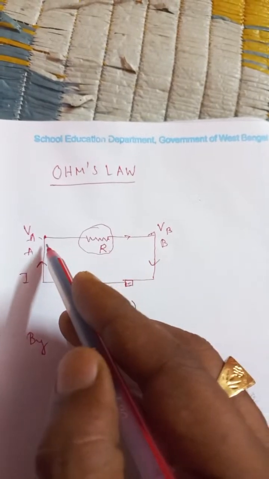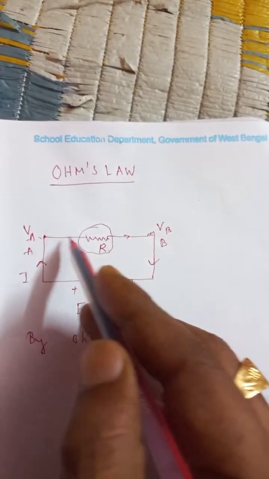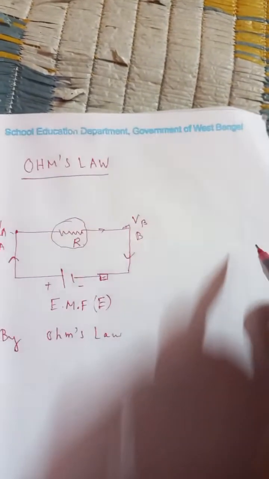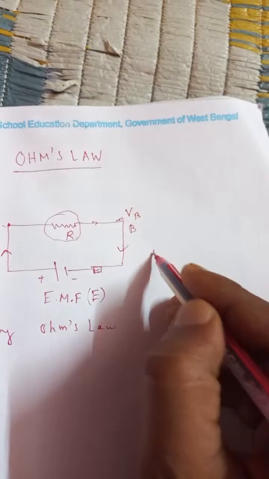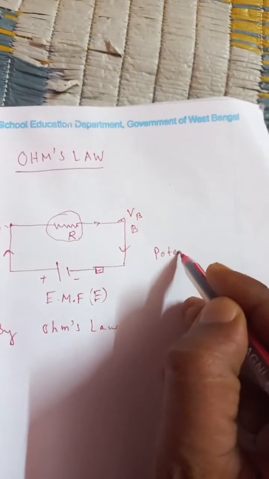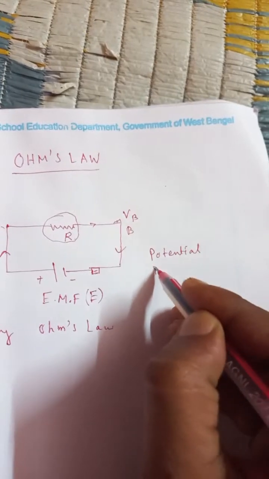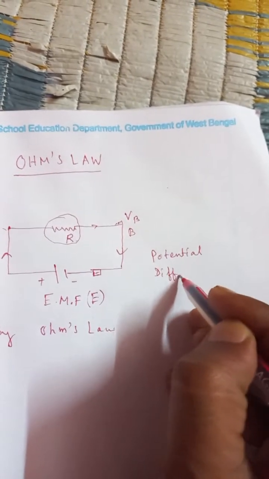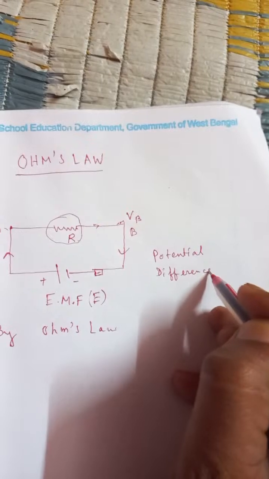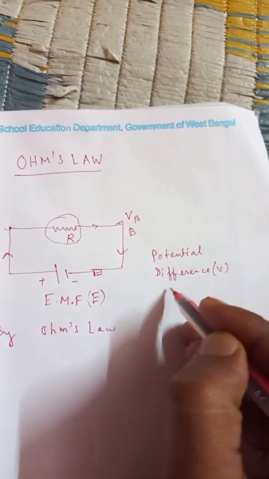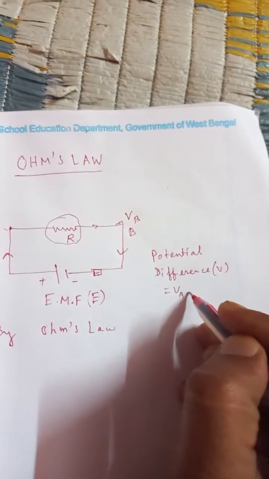Between these 2 points A and B is the potential difference, VA minus VB. Potential difference V is equal to VA minus VB.